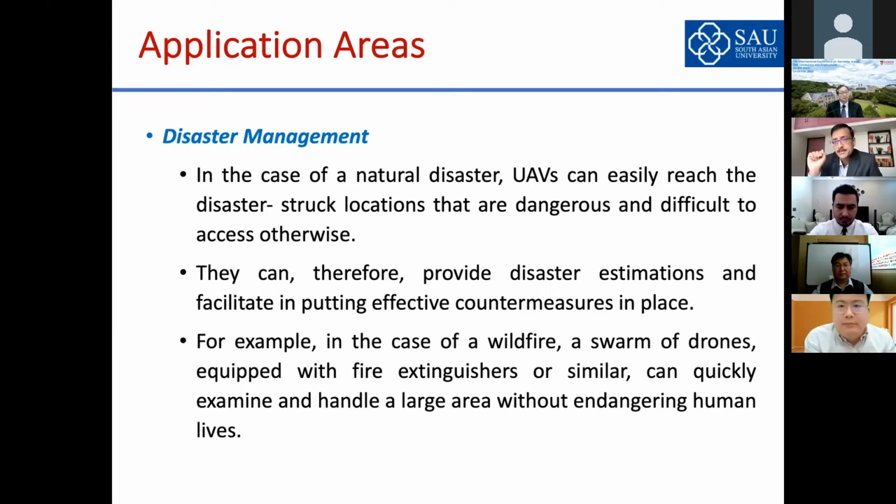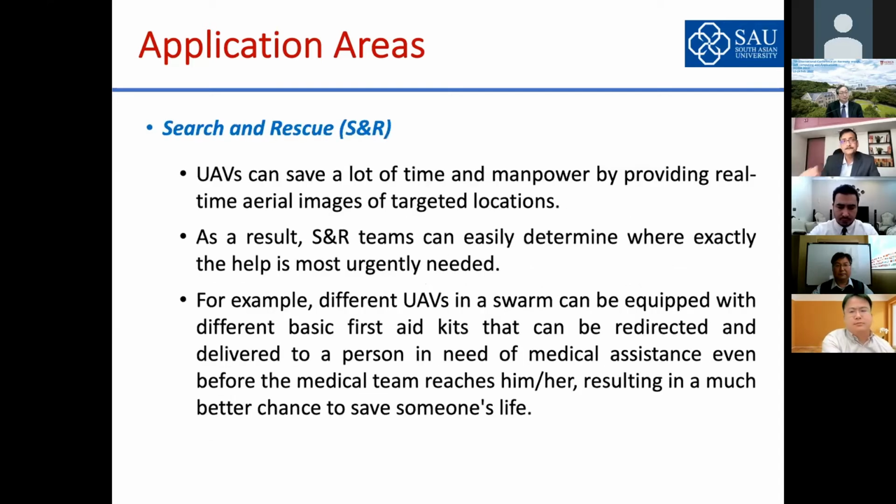And let me tell you, it is very successful also. This is practical, this is reality now. Search and rescue: I think you may have heard about General Rawat, the Chief of Defense of India, who died in the helicopter crash.